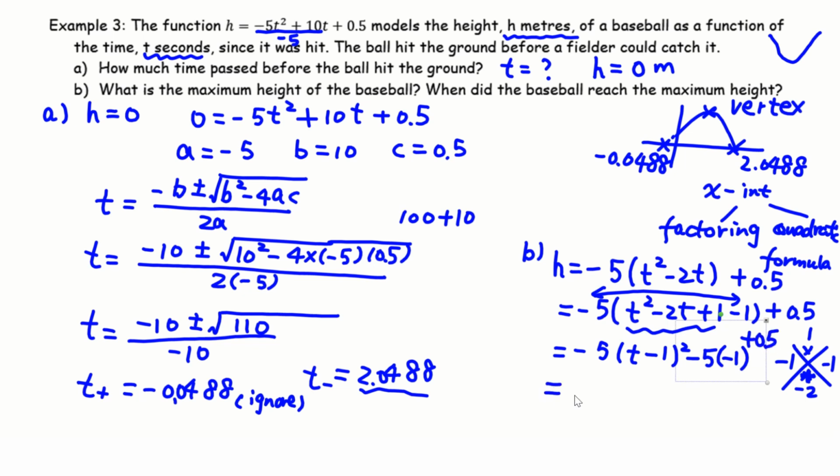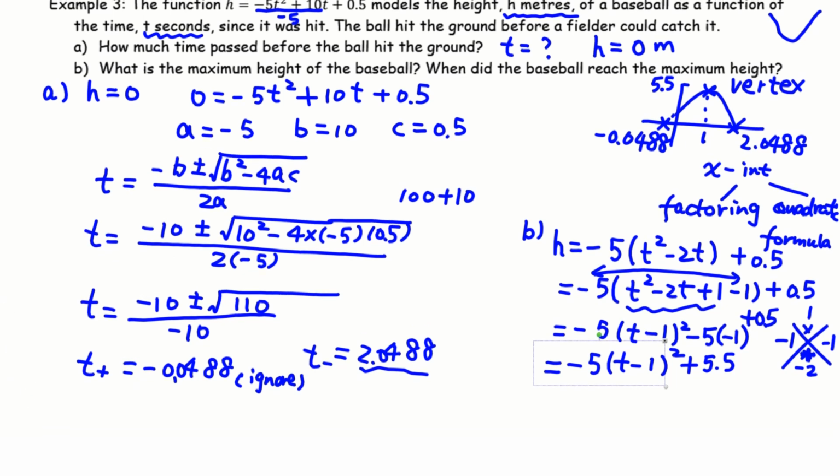So we collect the like terms, you will have negative 5 bracket t minus 1 bracket squared plus negative 5 times negative 1 gives you 5, 5 plus 0.5 gives you 5.5, and this is your maximum height. And the p value is when the baseball reached the maximum height.